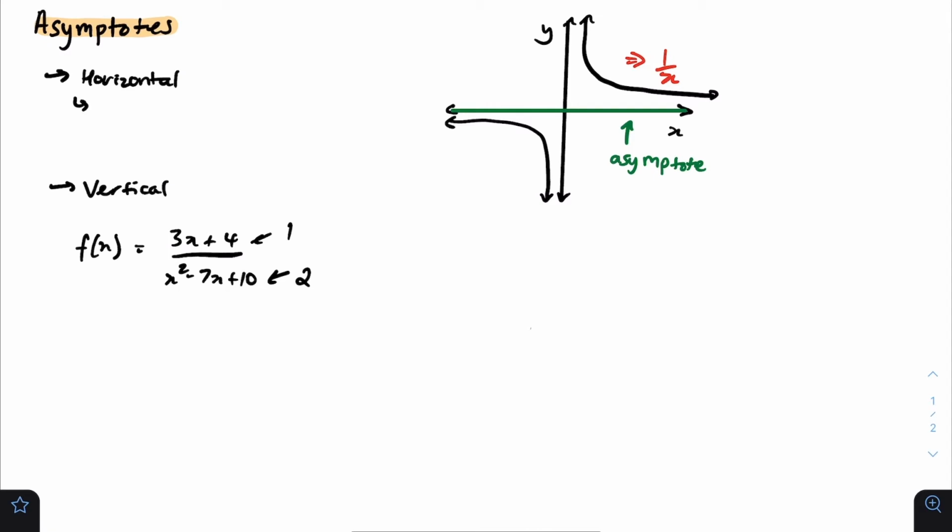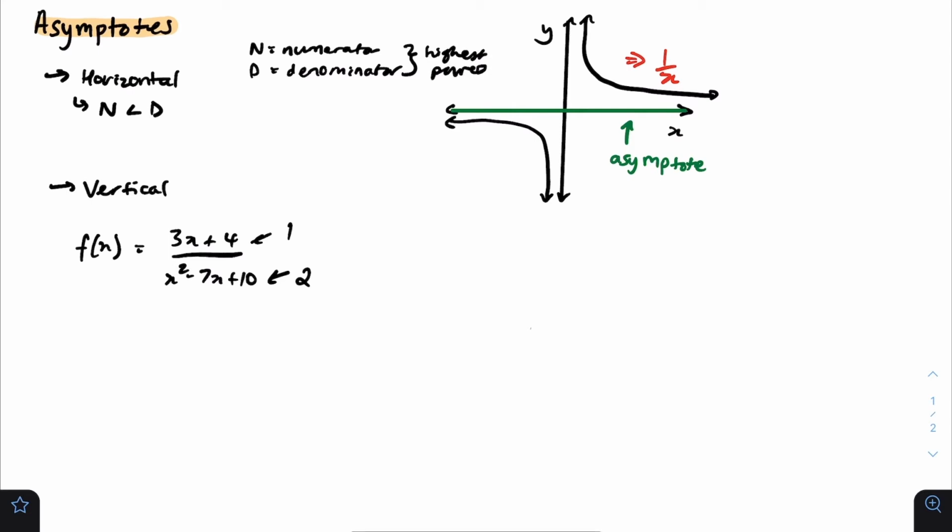We're going to start with the case where the numerator has a degree less than the denominator. I'm going to write n equals numerator, d equals denominator, and these are all the highest powers or degrees.